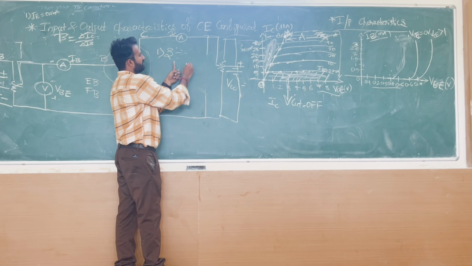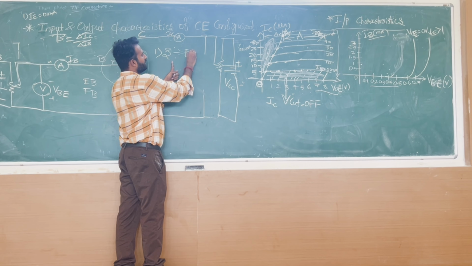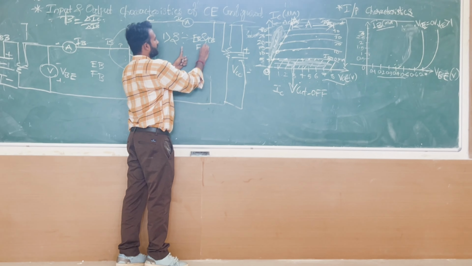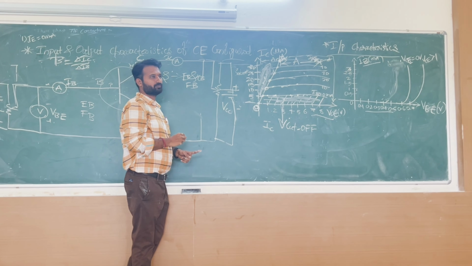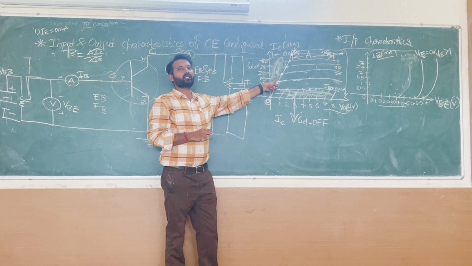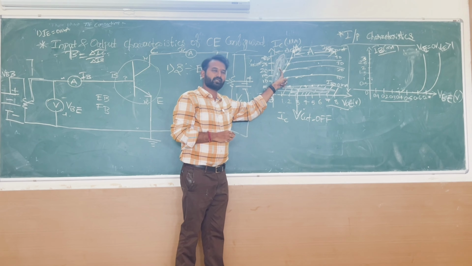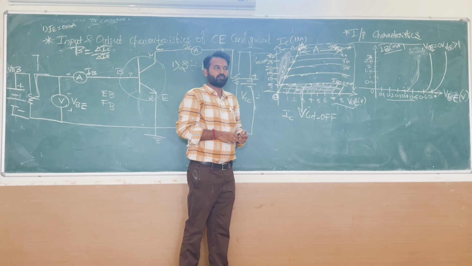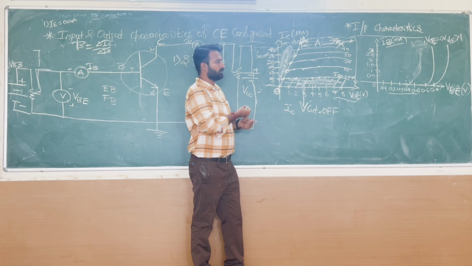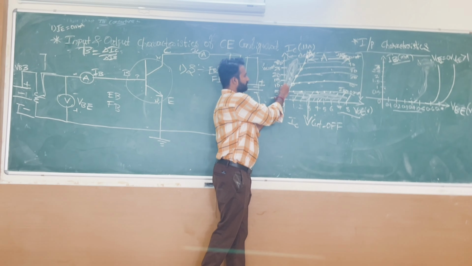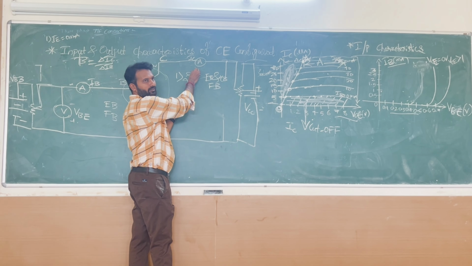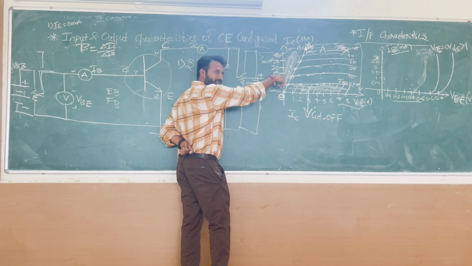One more: in this region, both the emitter base junction and the collector base junction are under forward bias. I will prove it. IC is here, I have a current IC in this region.